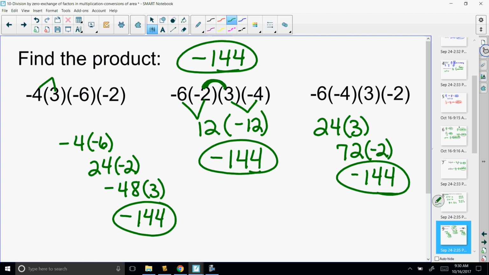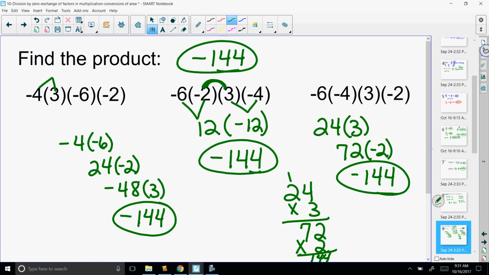So a positive times a negative is a negative, and 12 squared is 144. If you know your squares, grouping them to get numbers that are the same so that you can just square it is easy. Some people can get it quickly because they know 12 times 12 and they can see that, and they don't have to do something like 24 times 3, which is 72, times 2, which is 144.